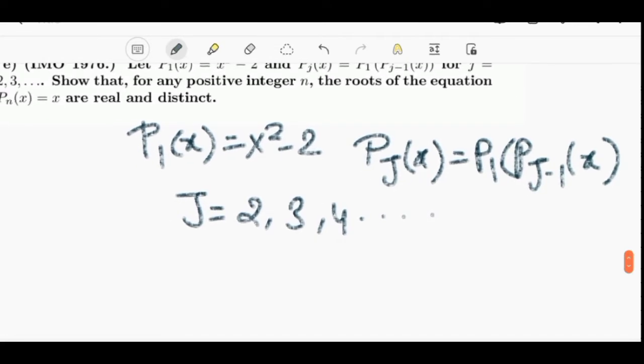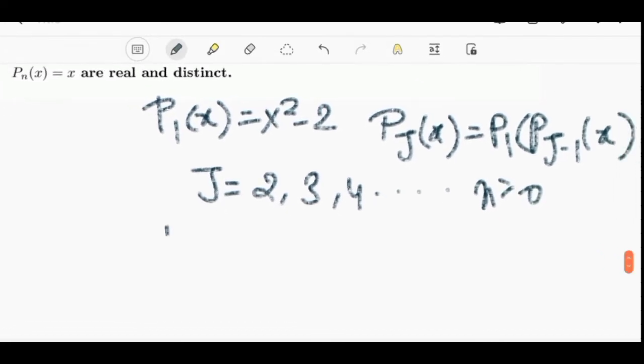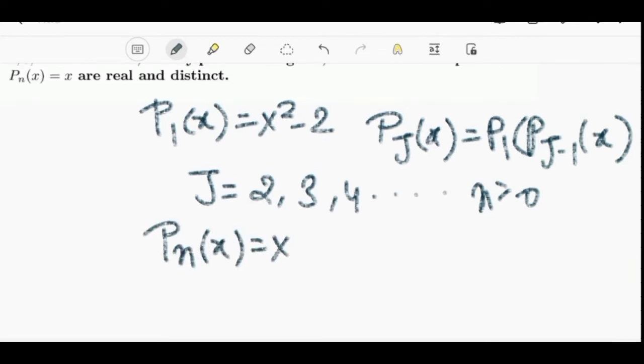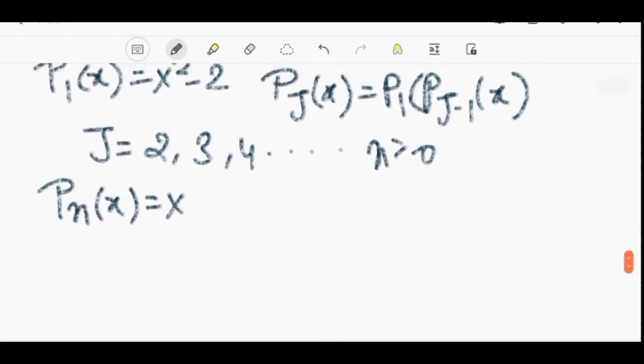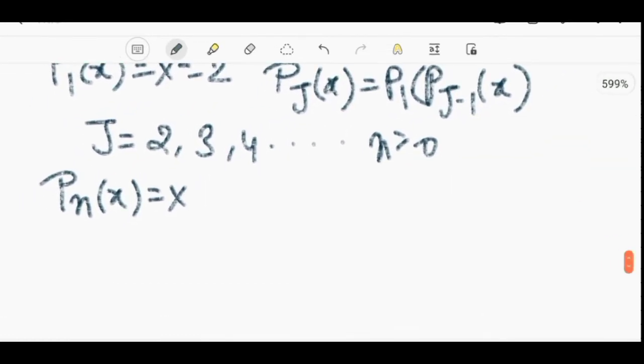We have to show that for any positive integer n, so n is greater than 0, the roots of the equation Pn of x equals x are real and distinct. To solve this problem, I'm going to use the method of substitution.